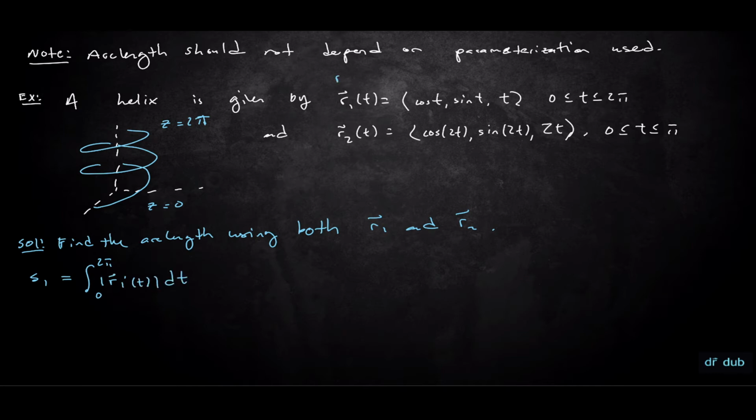So I need R1 prime. R1 prime is going to be negative sine t, cosine t, 1. And R2 prime is going to be negative 2 sine 2t, 2 cosine 2t, and 2.